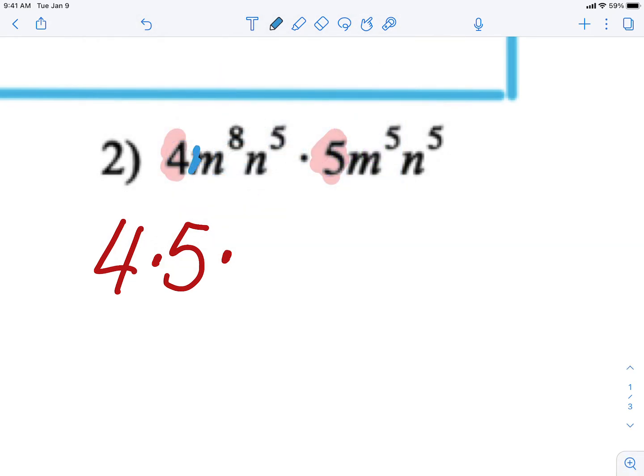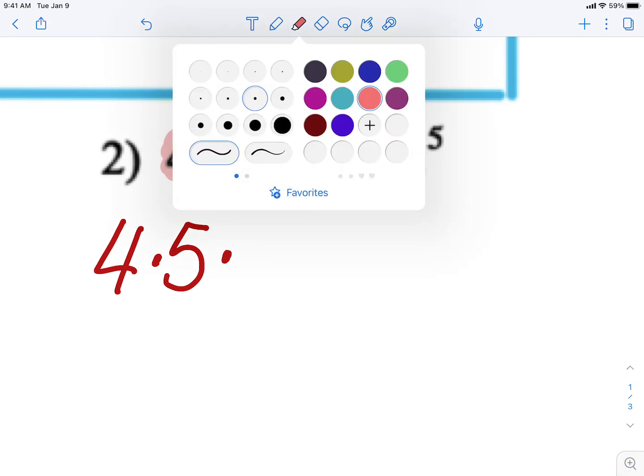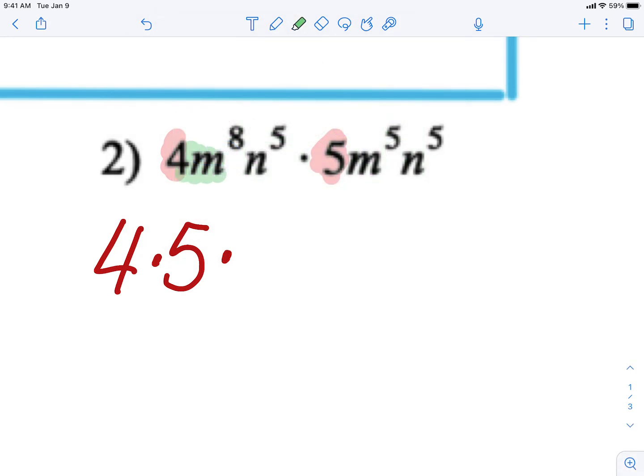Well, I have an m here and I have an m here. So that means I could write that m as just m. And what do I do with the exponents? 8 plus 5, so 8 plus 5 as exponents.